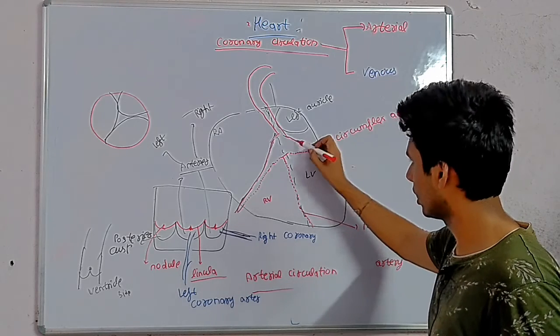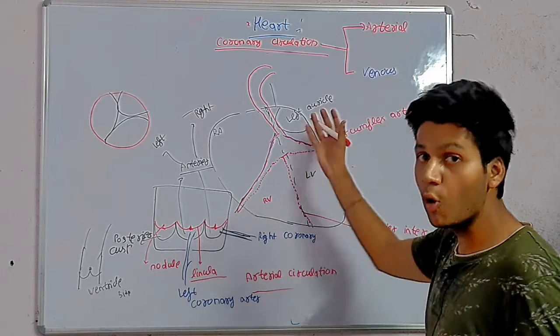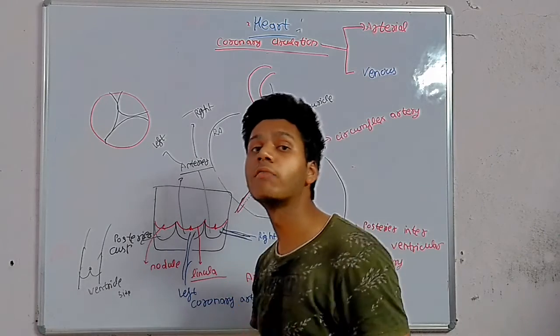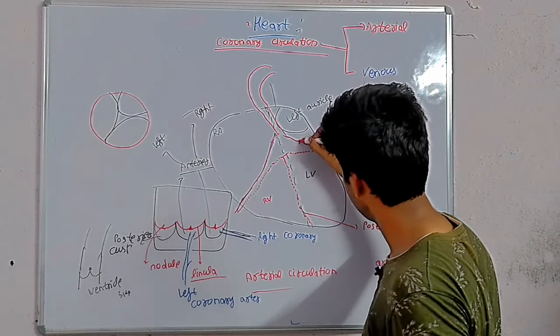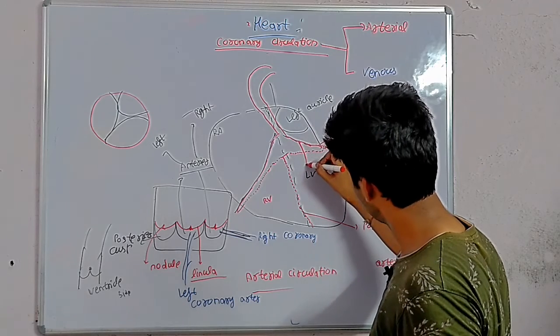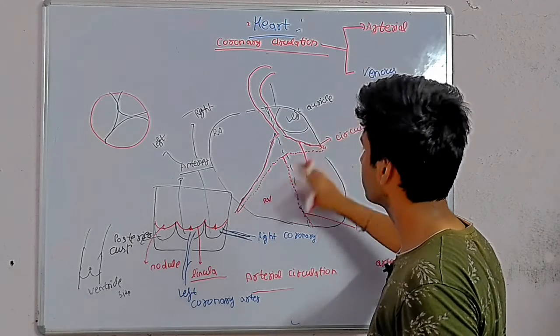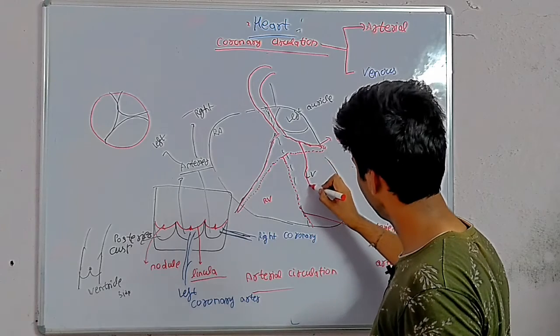This is the circumflex artery, and the other artery goes anteriorly in the interventricular sulcus, like this. These two are the branches of the left coronary artery.